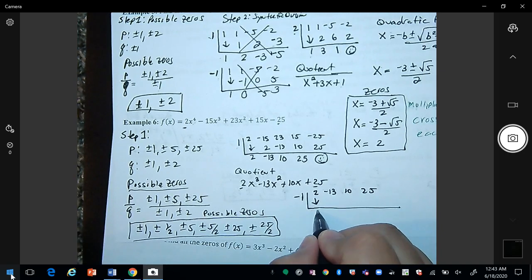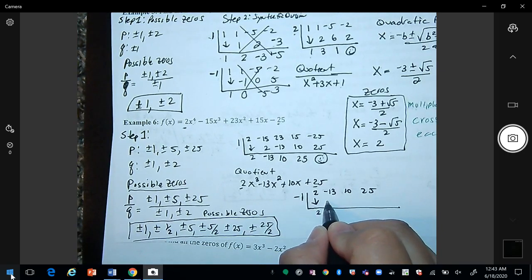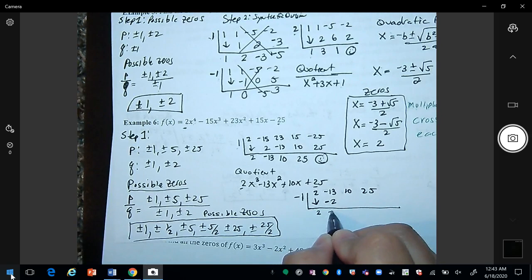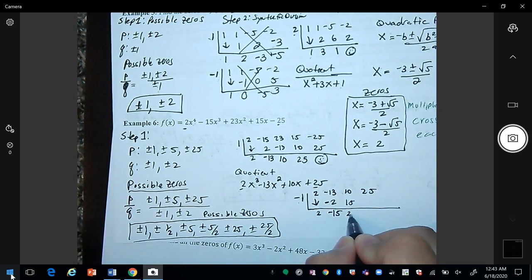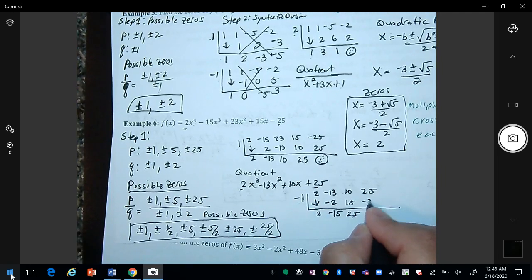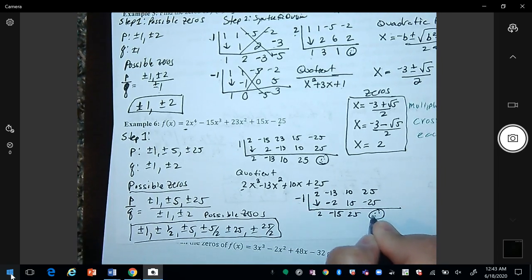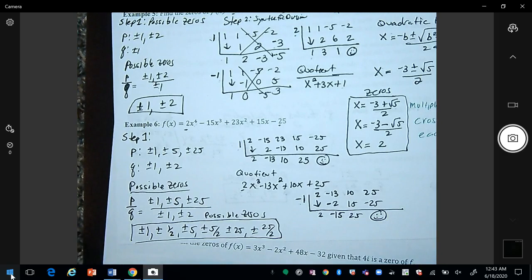I'm going to bring down the 2. 2 times -1 is -2 plus -13 is -15 times -1 is +15. 25 times -1 is -25. So we get 0. So that works.